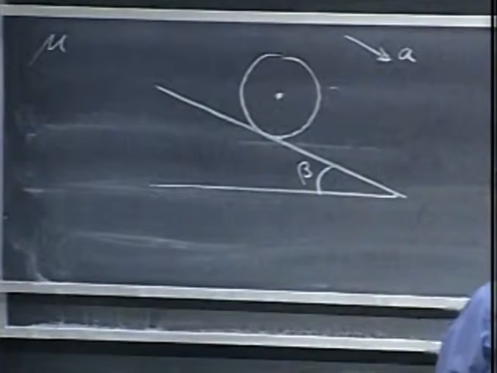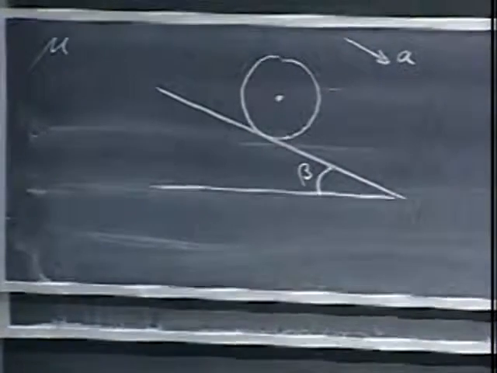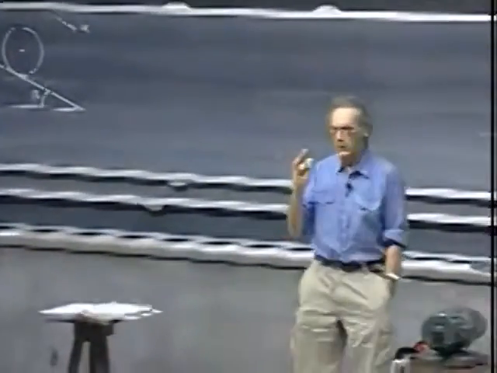And I will evaluate the situation when we have pure roll. That means the object is not skidding and is not slipping. What is pure roll?